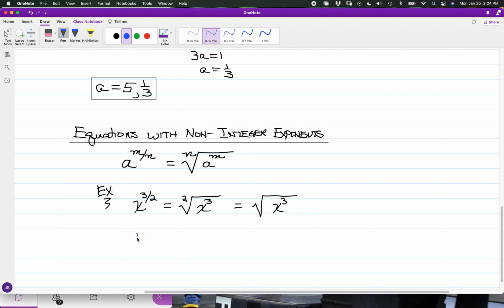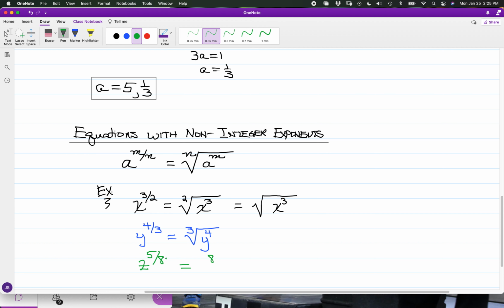And if I have, let's say, y to the 4/3, this is going to become the cubic root of y to the 4th. And let's say I have something like z to the 5/8.